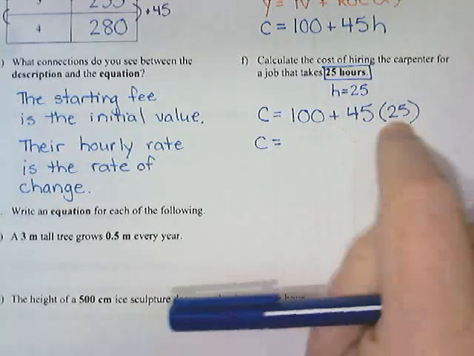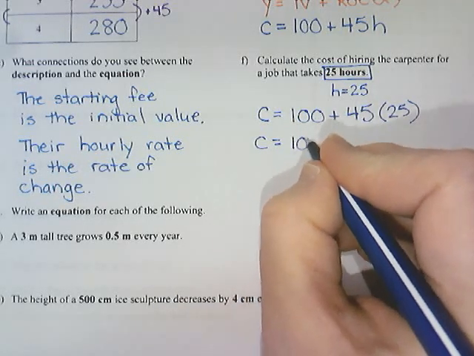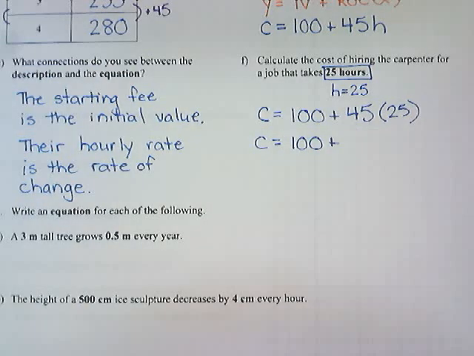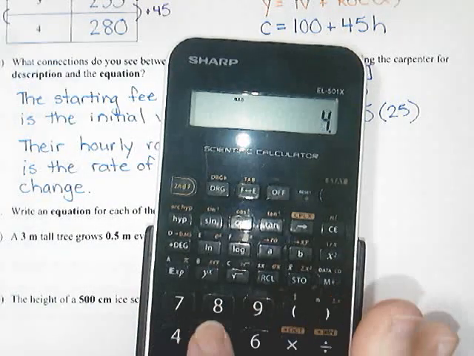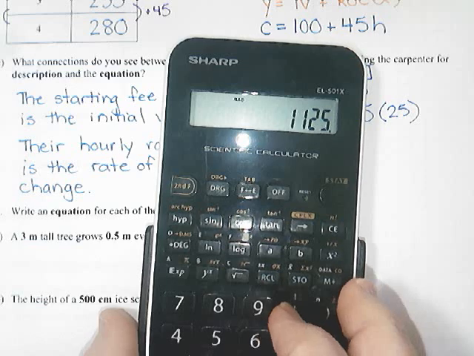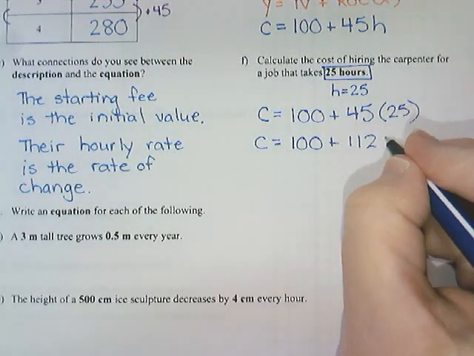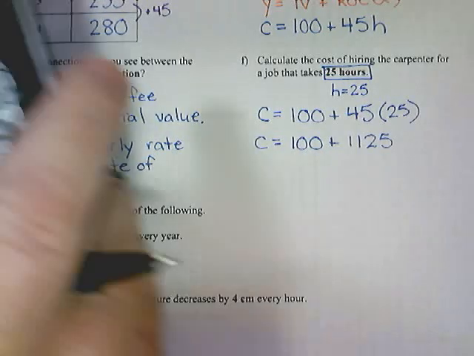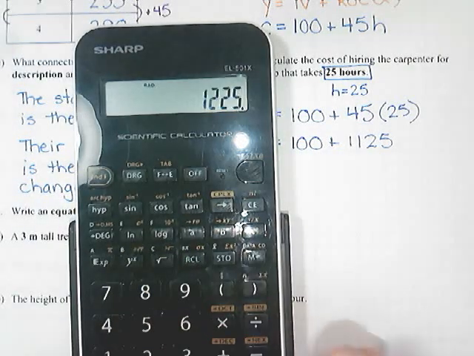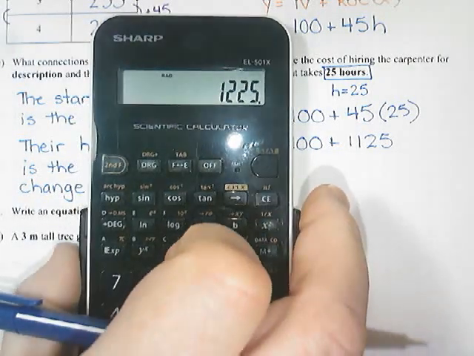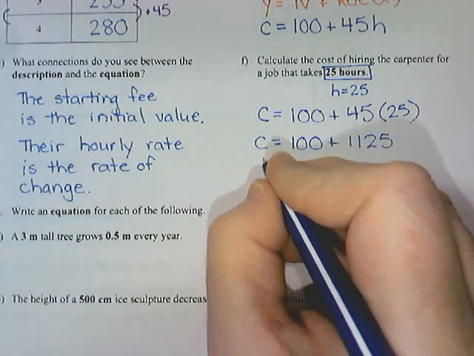Order of operations says we multiply before we add. So 45 times 25 is 1,125. And then if I add 100 onto that, that gives me 1,225.